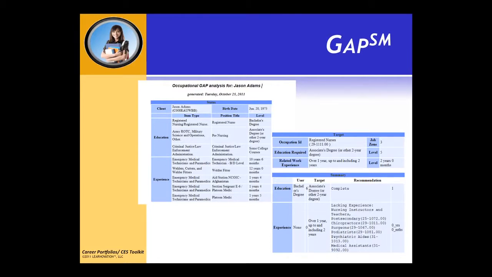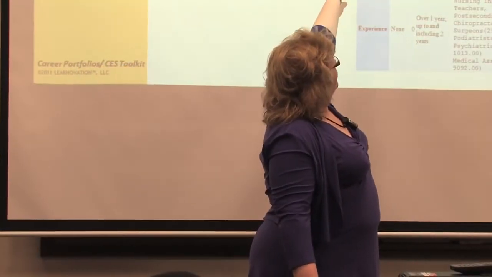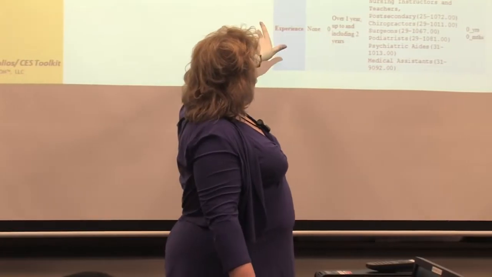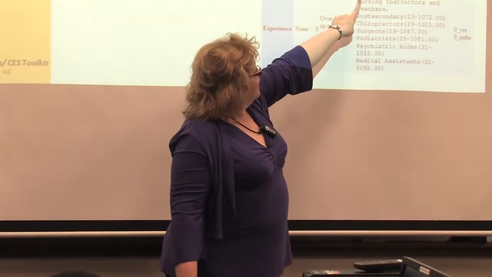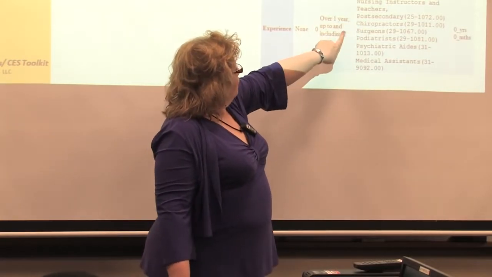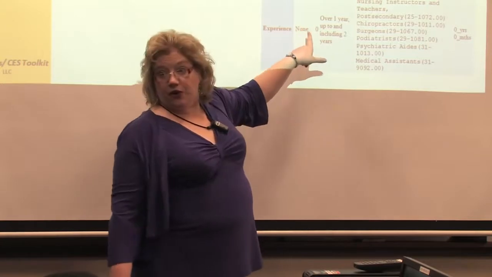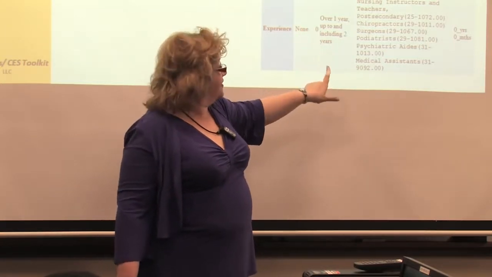Your gap report, as you look at this, the first block shows you the status. In other words, here's the universe. Now we go over here and we get the target. He wants to be a registered nurse. And it tells us lacking nursing instructors and teachers experience over 1 year and up to including 2 years. He has no experience. It's telling us where his experience is lacking.